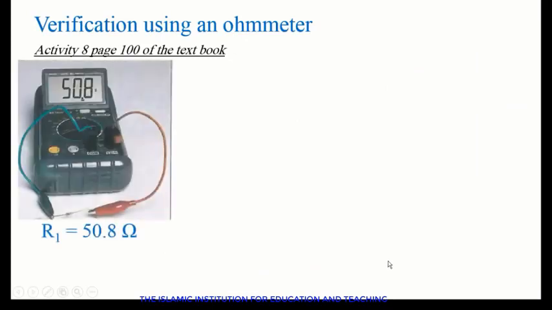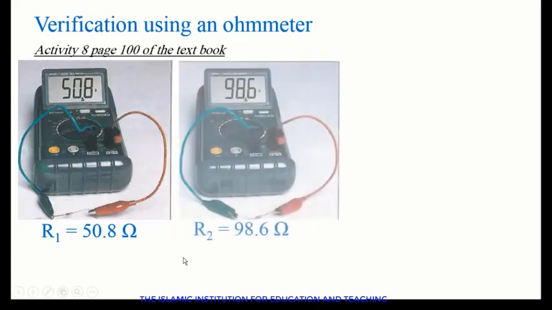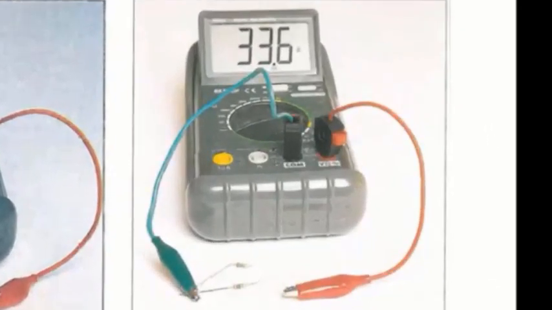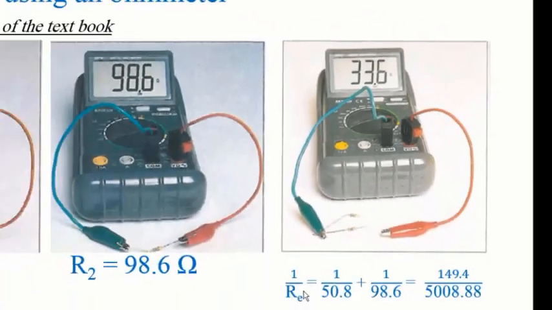Now let's verify this formula using an ohm meter. The resistance of the resistor R1 is measured by the ohm meter. The ohm meter indicates 50.8 ohms. The resistance of the second resistor R2 is also measured. The ohm meter indicates 98.6 ohms. R1 and R2 are grouped in parallel and the ohm meter indicates 33.6 ohms.